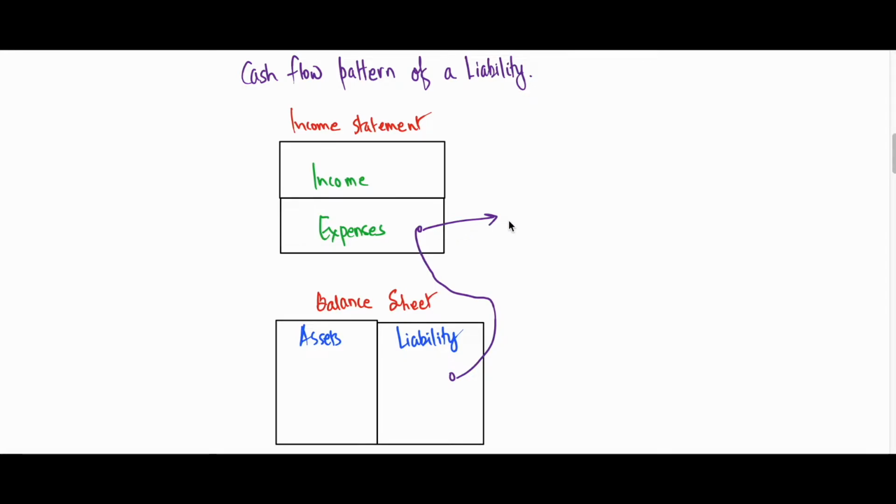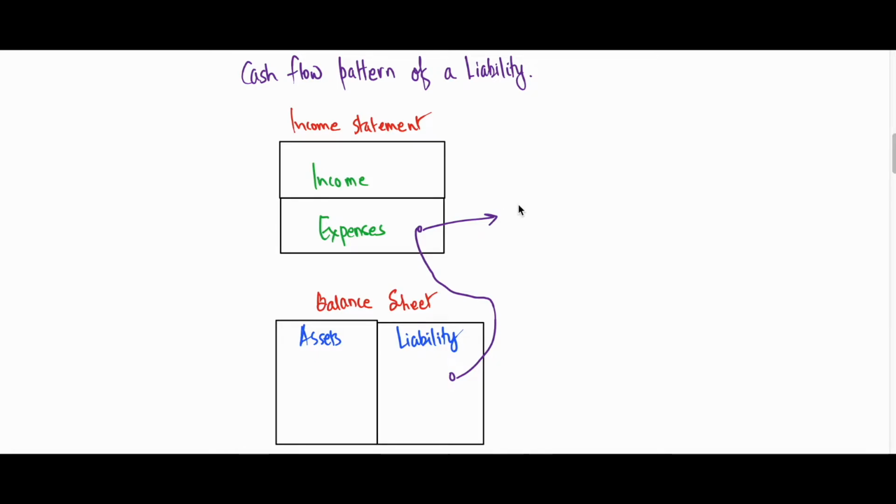Once you know the basic fundamental difference between an asset and a liability, it's very easy to point out why the poor are poor, why the middle class is also poor, and why the rich are always getting rich while the poor and middle class people are not getting rich.